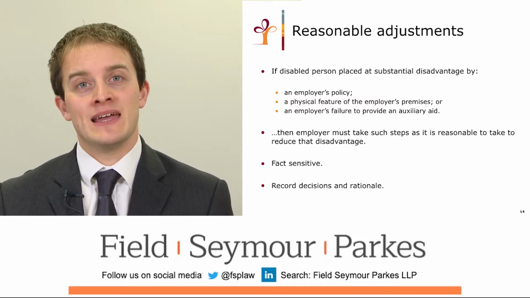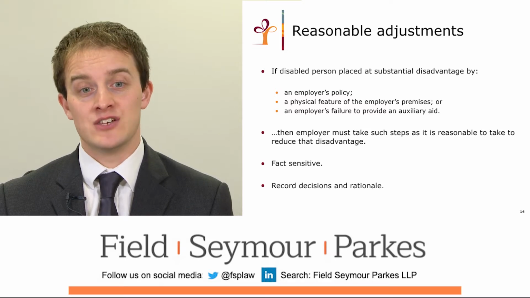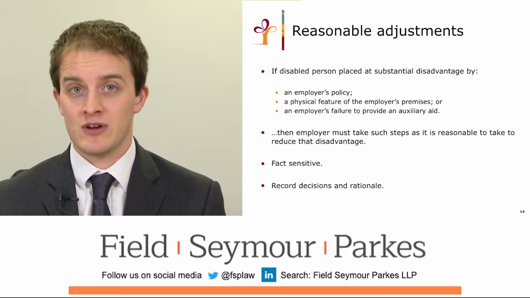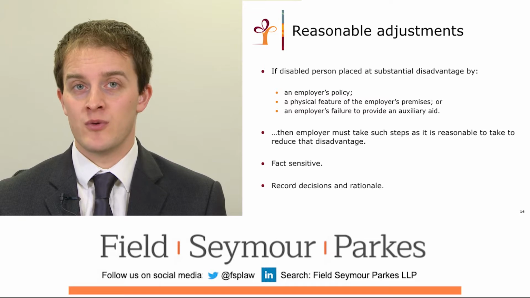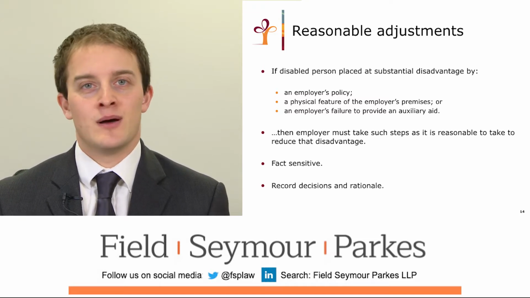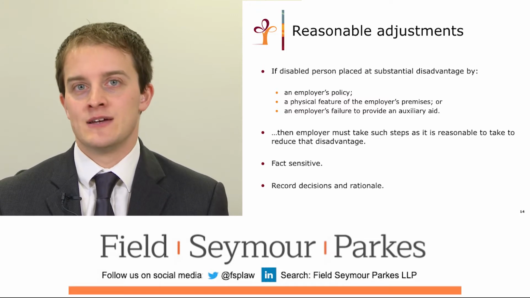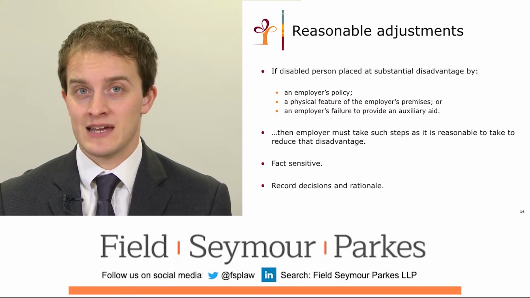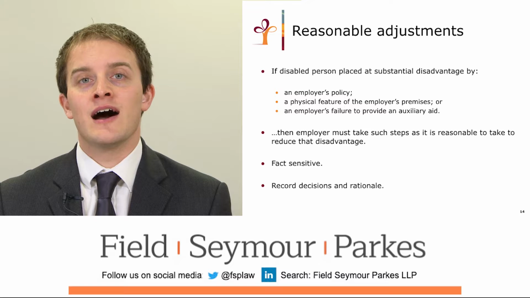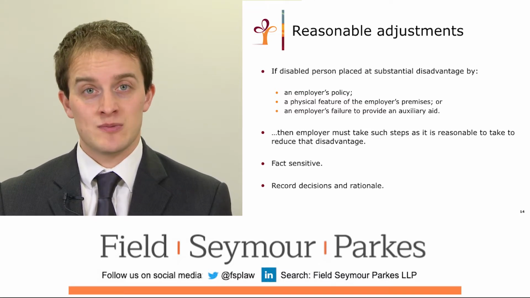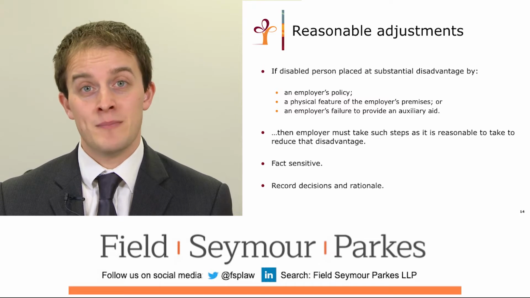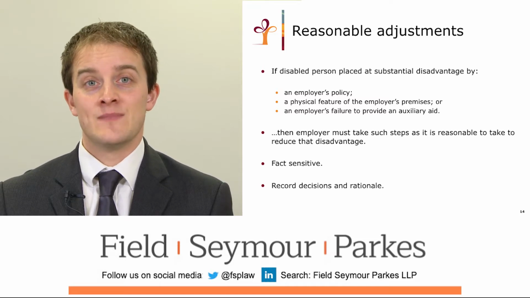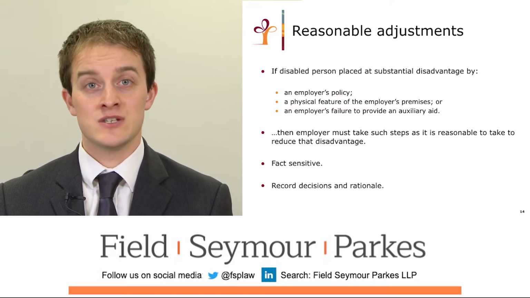And where you have a disabled employee that's been placed at a disadvantage by a policy of the employer, by a physical feature of the employer's premises, or by a failure to provide some form of auxiliary aid, so I'm thinking here about hearing aids or documents in Braille format perhaps, then under Section 20 of the Equality Act 2010, you are under a duty to make such adjustments as it is reasonable to make in the circumstances in order to reduce the disadvantage that that employee experiences. So that's the duty to make reasonable adjustments.